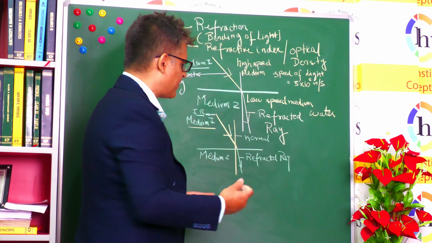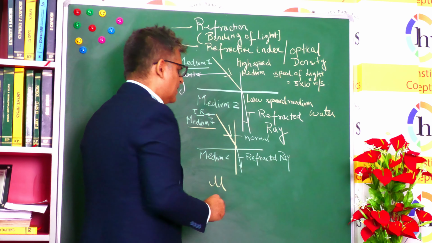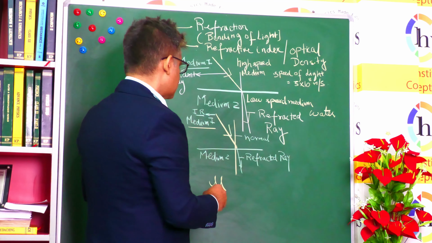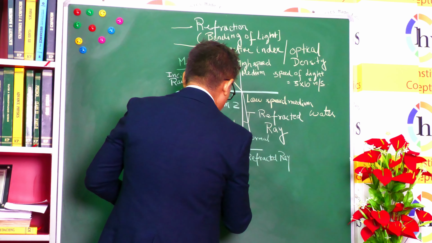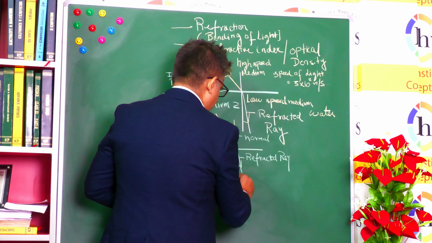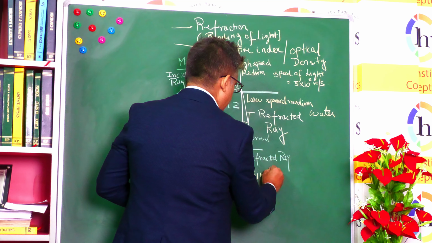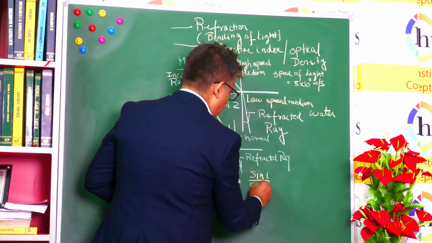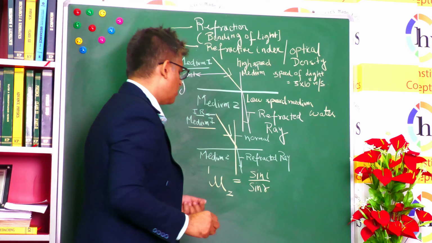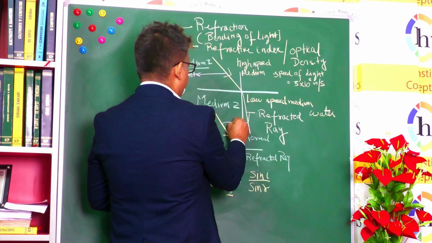What it does is it expresses this, that the refractive index of the material, for example, the medium 2 with respect to 1, is given by sine I upon sine R. So that's your popular Snell's law, and this is your angle of incidence and this is your angle of refraction.